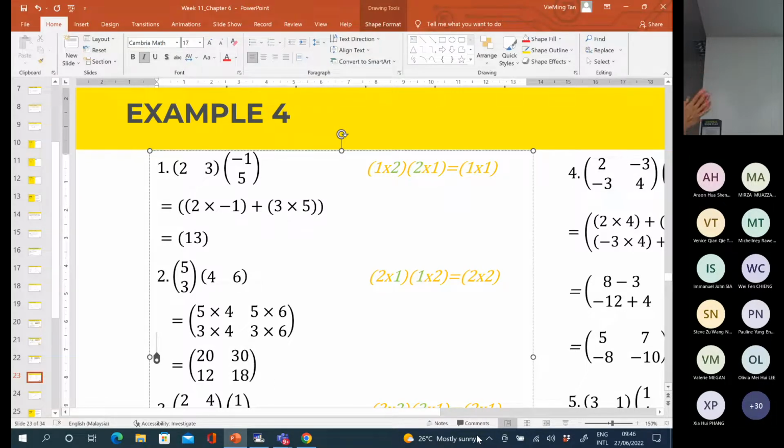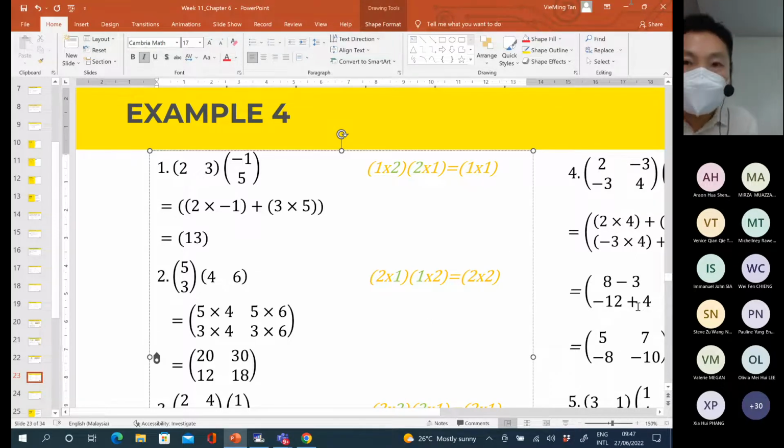Before we perform, it's better to check first. For the first matrix, how many rows and how many columns? Answer is 2 rows, 1 column. So write down 2 multiply 1 for the first matrix. Second matrix we have 4, 6, which is 1 row and 2 columns. So write down 1 multiply 2 for the second matrix.